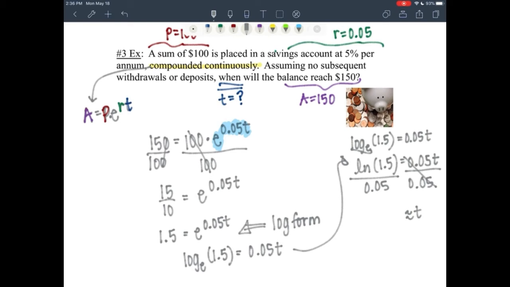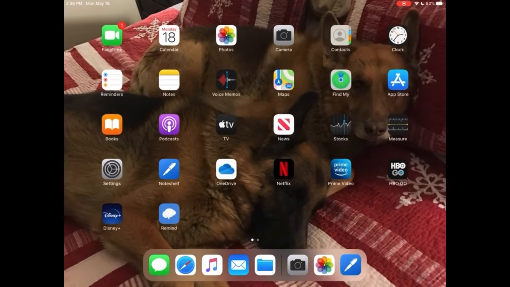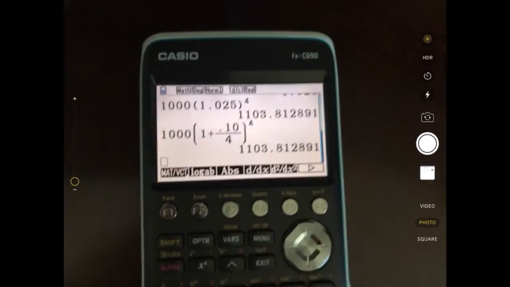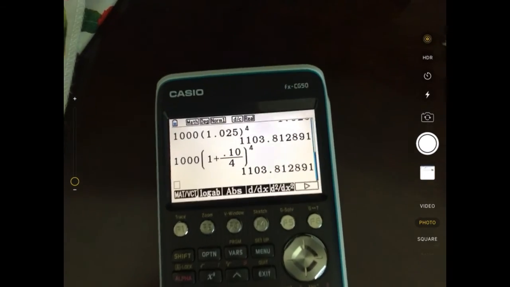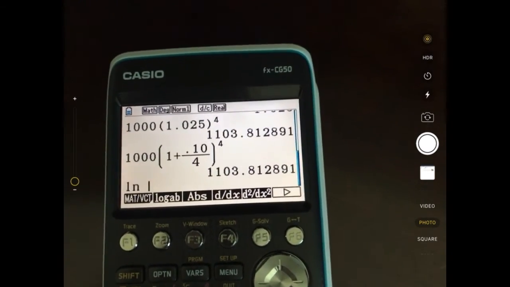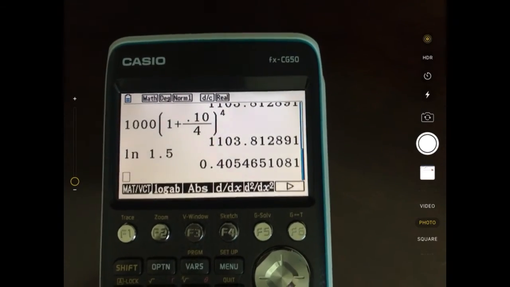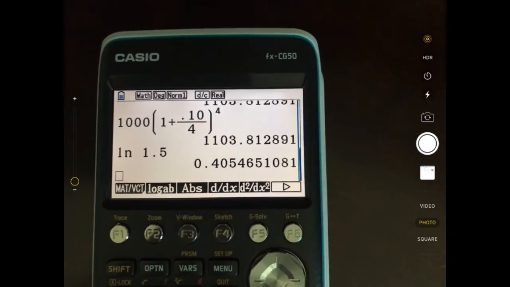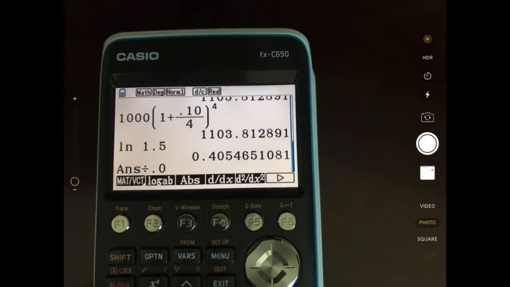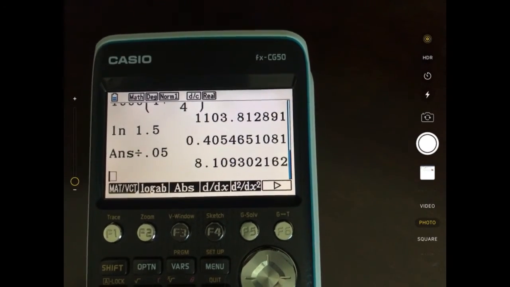So I'll show you how to do this in your calculator. We've got the natural log of 1.5. Whatever that value is, you're going to divide it by 0.05.